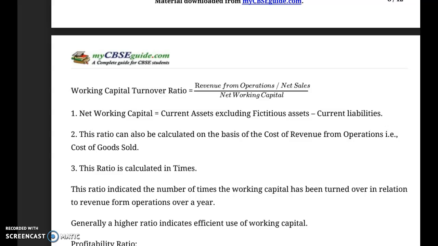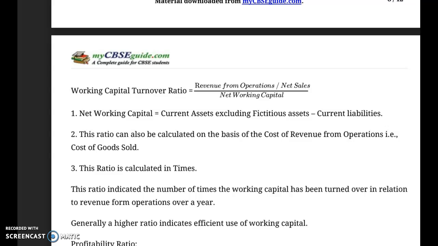And the formula to calculate this is revenue from operations or net sales. Generally, if the figures are not given, then we have to take the cost of revenue from operations or cost of goods sold. And how is it calculated?